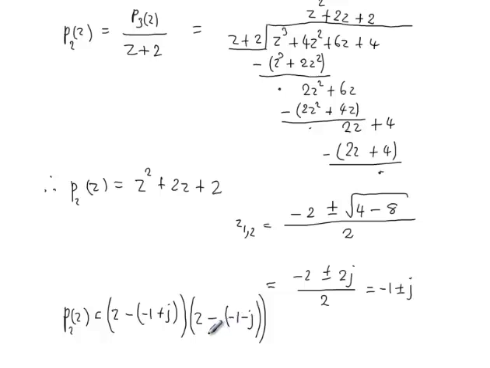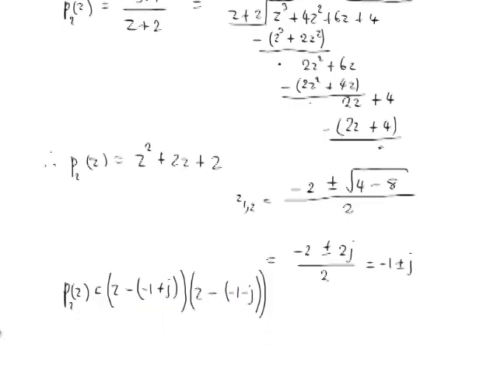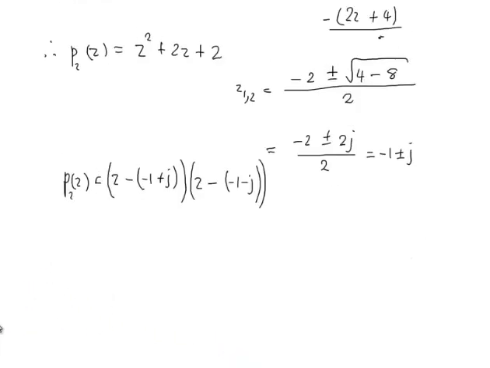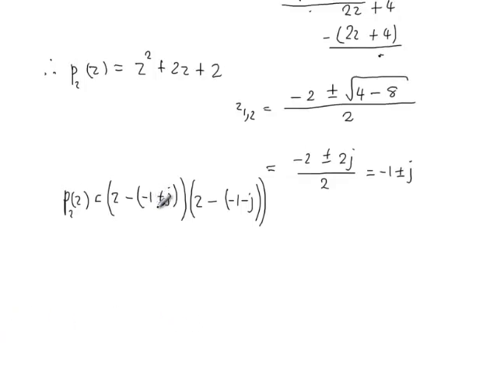Are we together? And I'm expecting several other slow learners in my audience. So I'm writing it as slowly as possible. This is my A, isn't it? The bracket is my A. So now writing this in simplest form, this will give me Z plus 1 minus J, brackets Z plus 1 plus J.